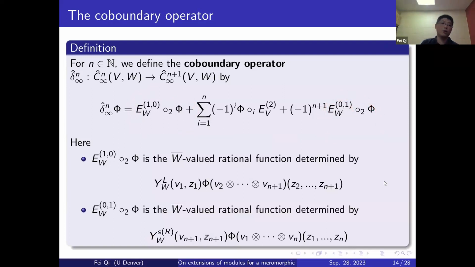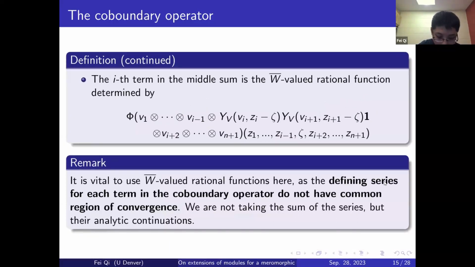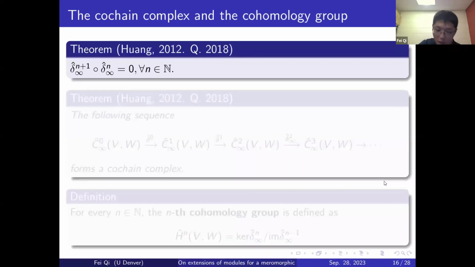Okay, so I think this is basically the technical part about the definition of the Hochschild-Huang cohomology. And once everything is fixed, Huang proved that in the vertex algebra case, the composition of two coboundary operators gives you 0.